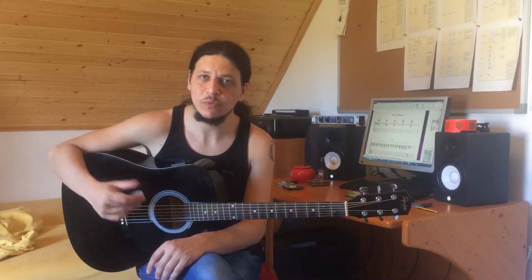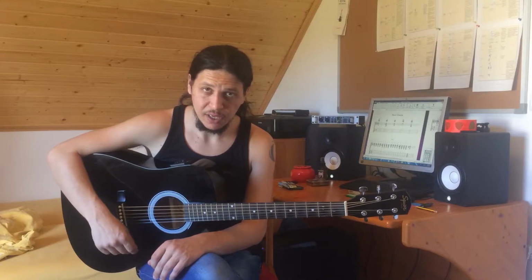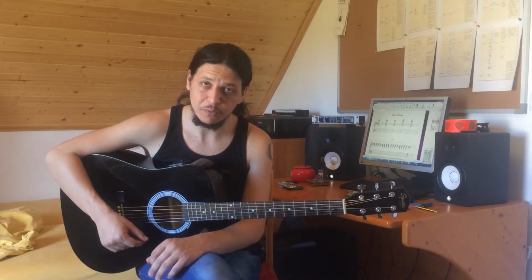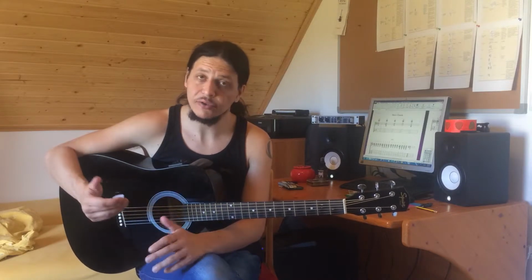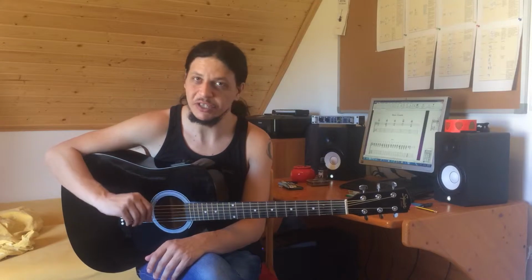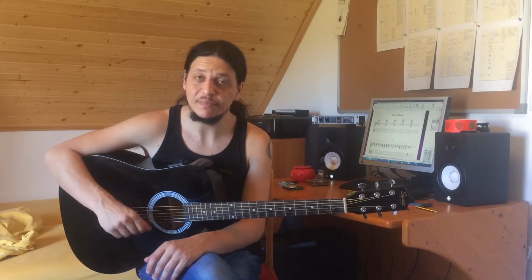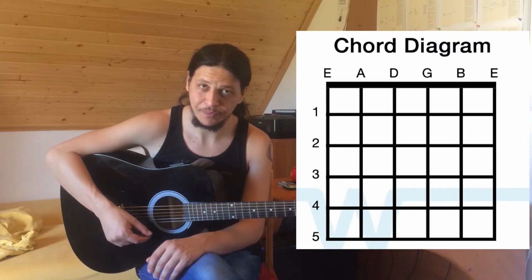One of the most common ways to read chords is through a chord diagram. A chord diagram shows us where exactly we need to put our fingers. I'll explain how to read it through this image. You see in this picture you have 6 vertical lines.